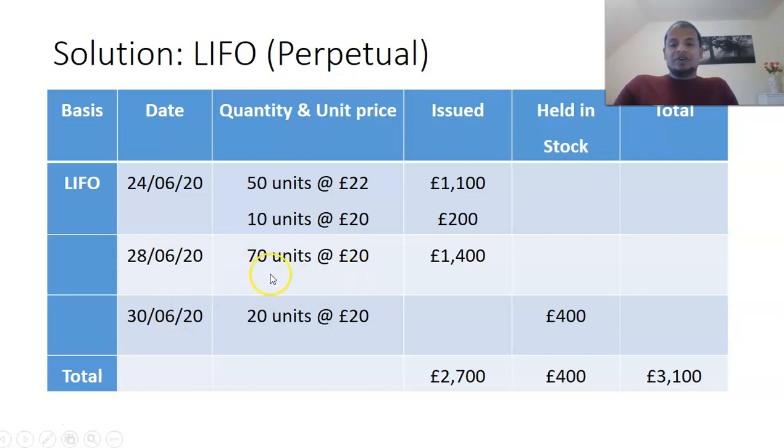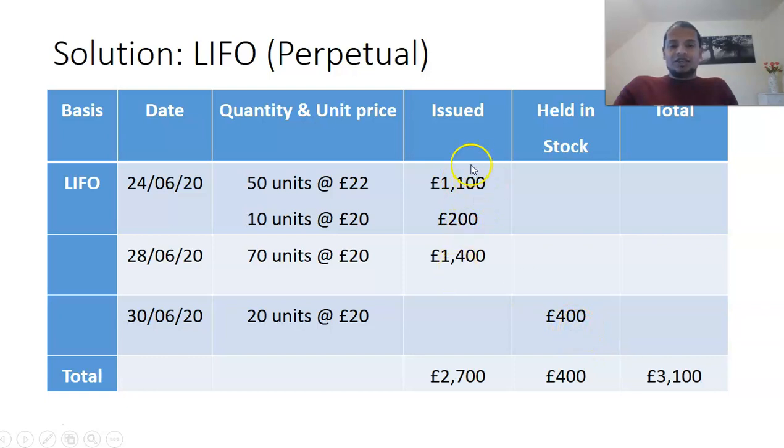From 90, if you deduct 70, then 20 remains at the rate of 20. So the remaining stock held is 400.